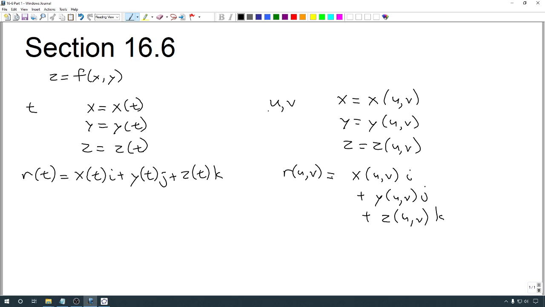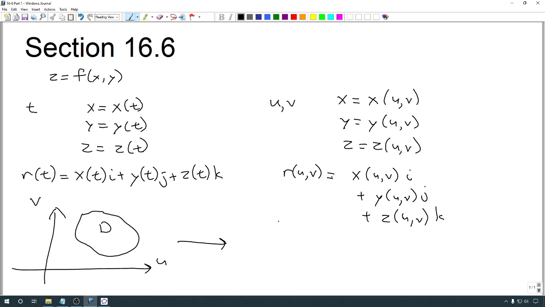We can pull these u and v from any region in the uv plane. So we'll have an entire plane here of u's and v's. We can have some domain D that's in uv, and that turns into a surface in three-dimensional space.